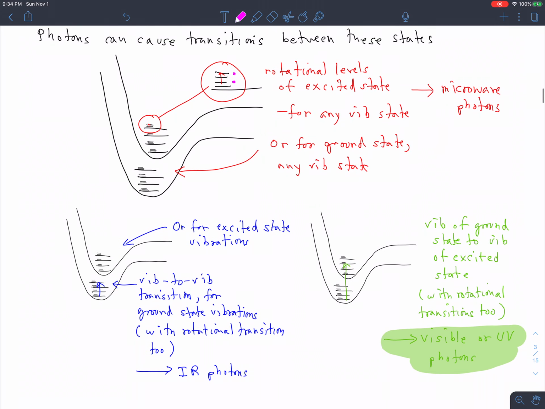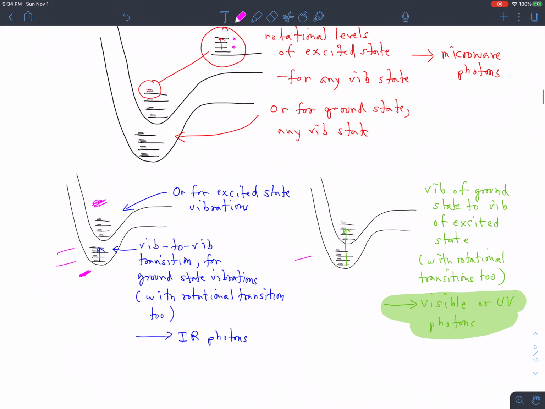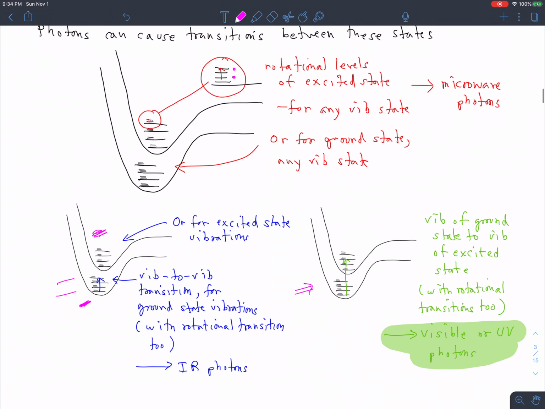Or you can get a transition between two vibrational levels, either within the ground state manifold or within the excited state manifold. Or you can get a transition between two states in different electronic manifolds. And these different types of transitions correspond to different energies and therefore different parts of the electromagnetic spectrum.